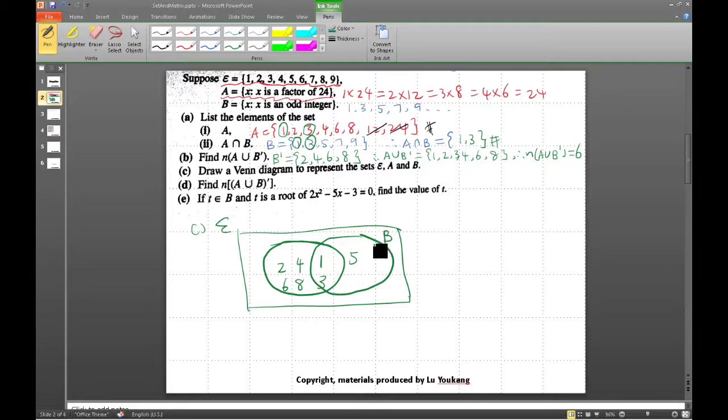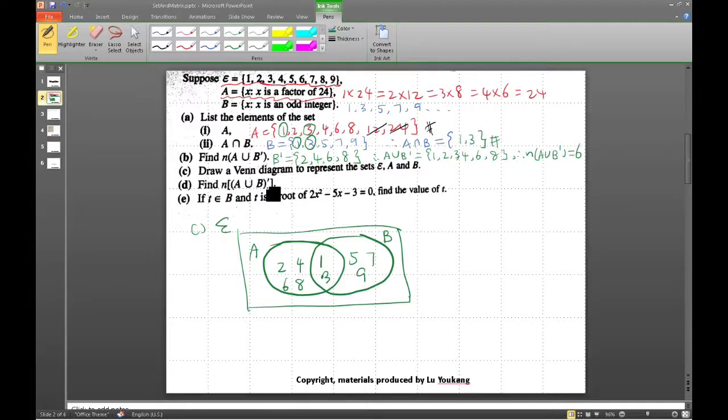And let me include 5, 7, 9 in the right circle. Therefore, I have represented sets E, A, and B. And let me draw it properly. The 3 should be inside the shared segment. So as you can see, I have represented the 3 sets, E, A, and B, in such a manner.